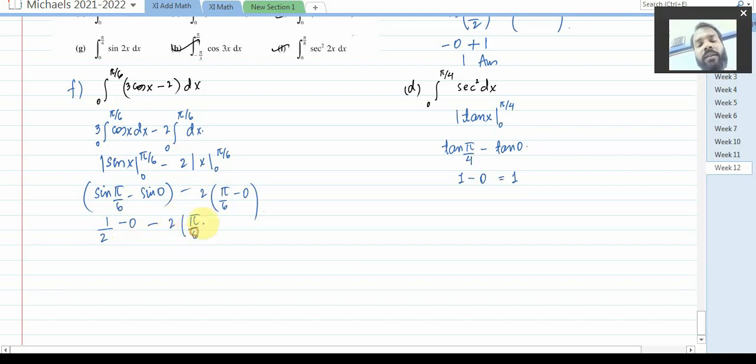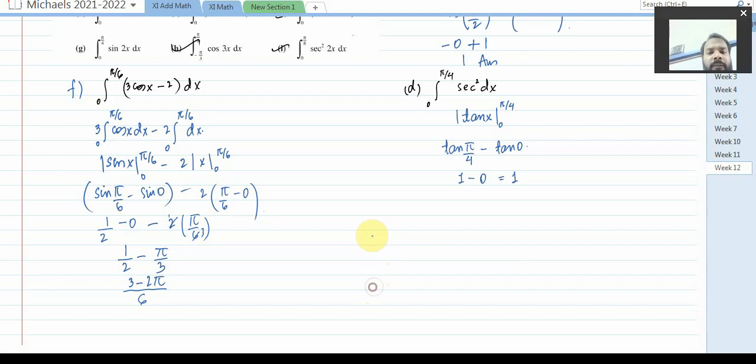So now it will be 1 over 2 minus, 2 1s are 2, 2 3s are 6, pi over 3. If you take the LCM here, it will be 6: 2 3s are 6, 3 2s are 6. Alright, and there's a 3 outside the integration, so we need to carry that 3 here. The 3 is outside the bracket, and if you simplify, 3 1s are 3, 3 2s are 6.